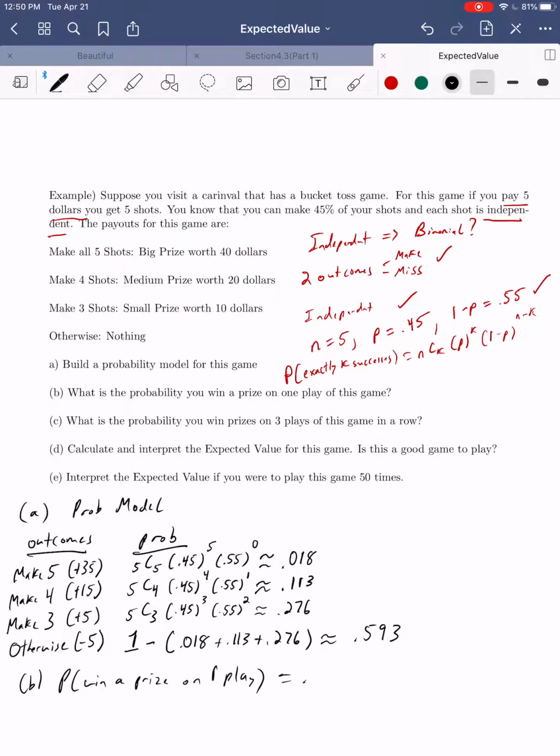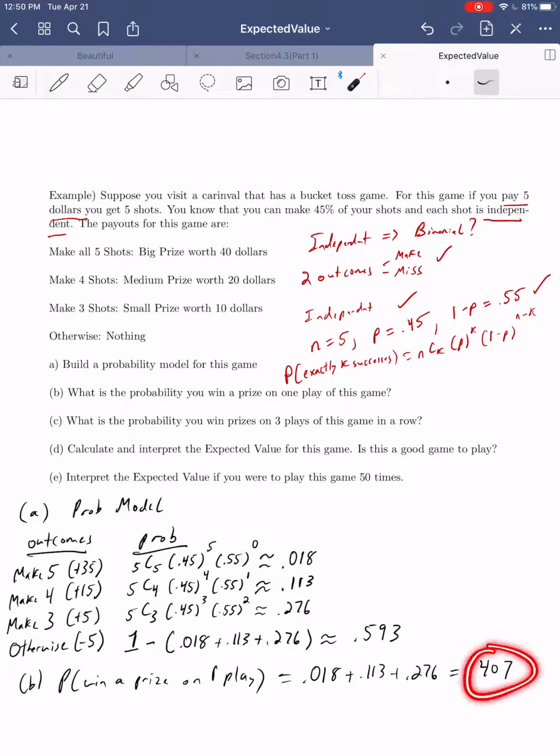We can just add the probabilities together. 0.018 plus 0.113 plus 0.276. Add those together, and you can see that that's 0.407. So there's close to a 41% chance that if you only get to play this thing once, you will walk away with some prize.